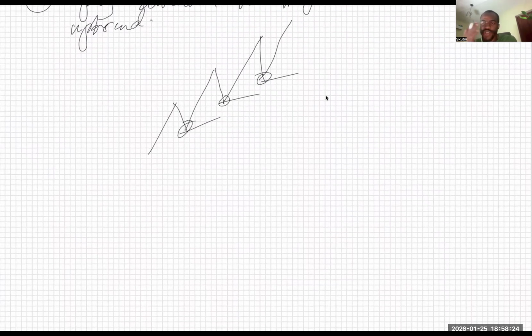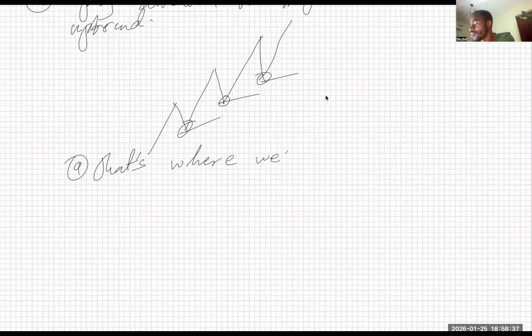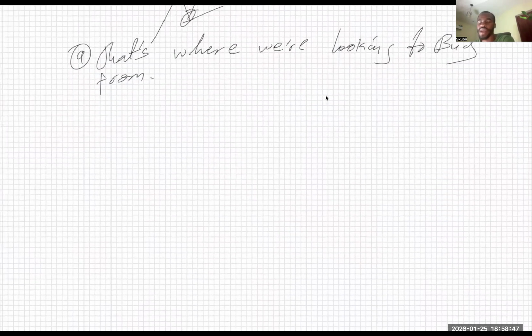Why are we paying attention to higher lows in an uptrend? First of all, that's where we're looking to buy from. Now, what do I mean by that?